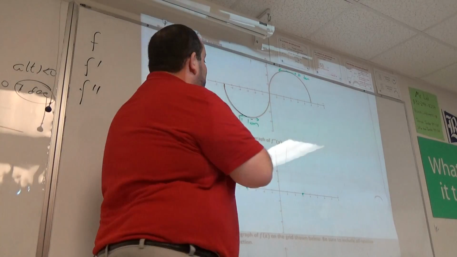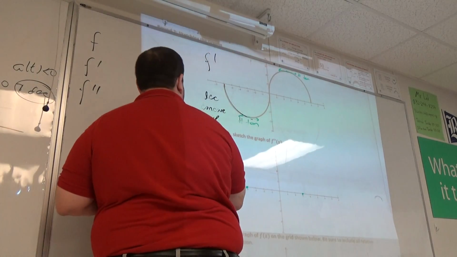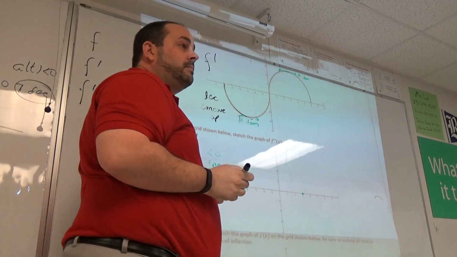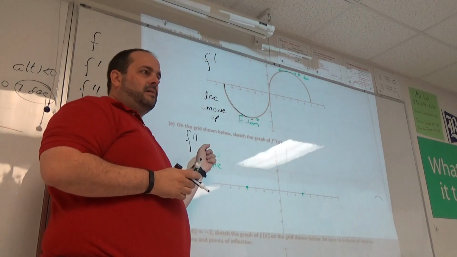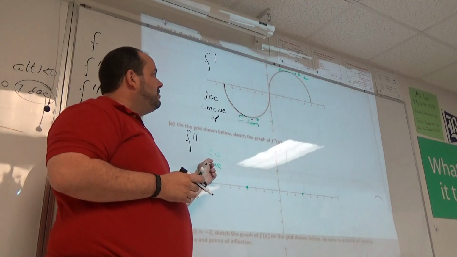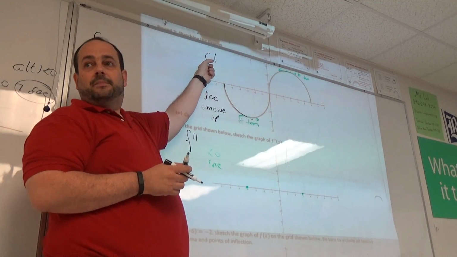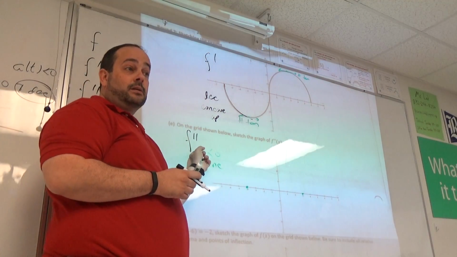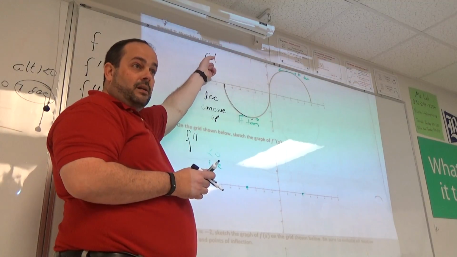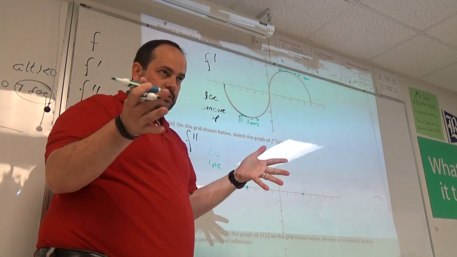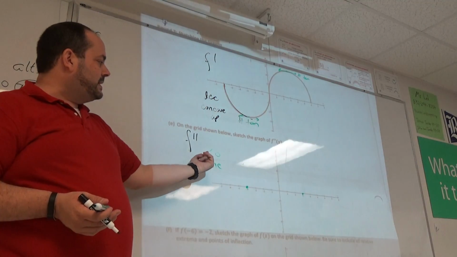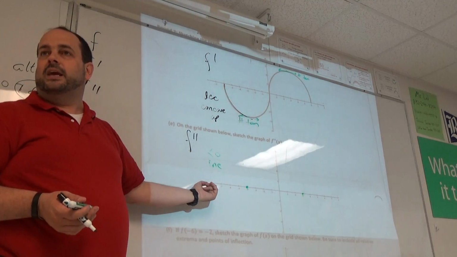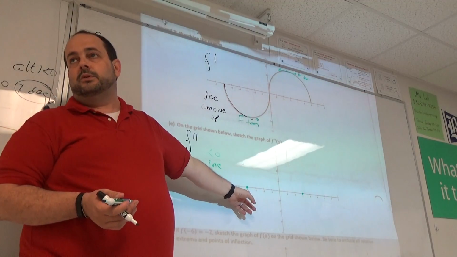Well, this is F prime, and this is F double prime. If I called this F, you could tell me about F prime. If I called this position, you could tell me about velocity. If this is velocity, you can tell me about acceleration. Okay, we got the roots. Roots are great guides because now you're going to sketch something that's negative and increasing and passes through the root.